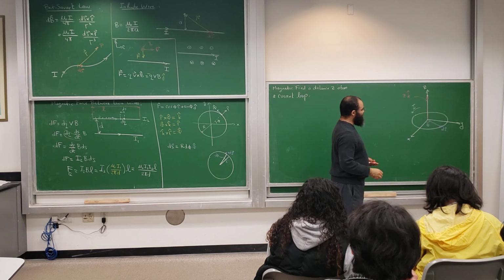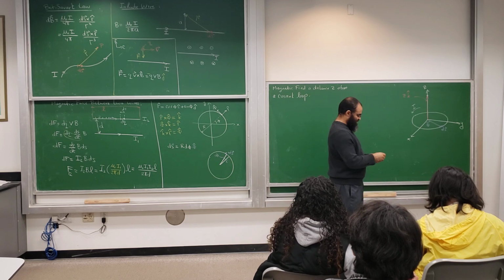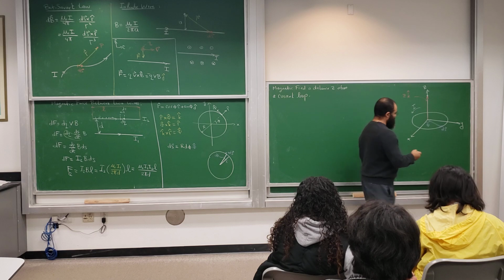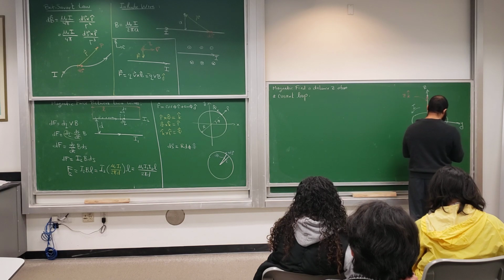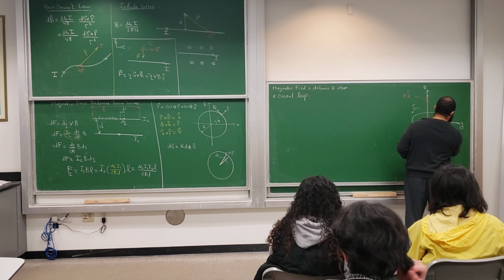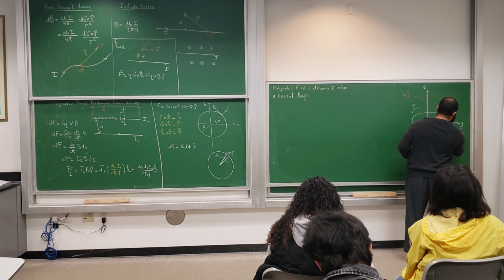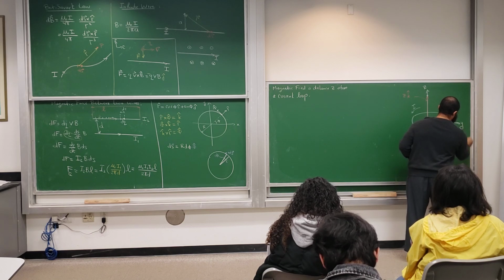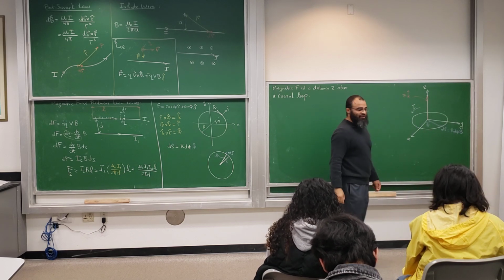So what's ds in terms of the radius of the loop? R dphi, and the direction is in the phi hat direction.